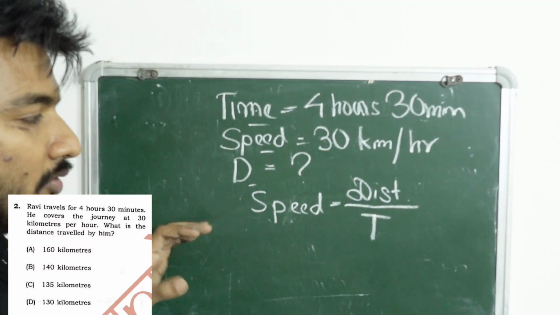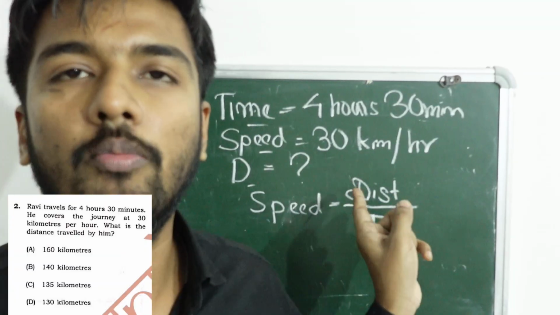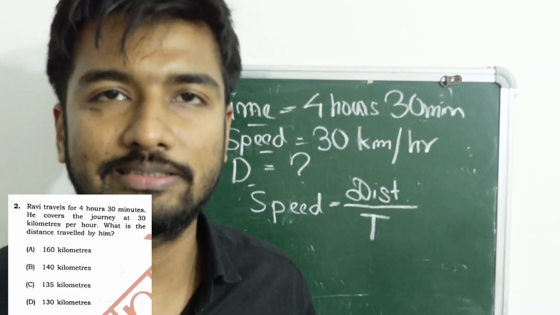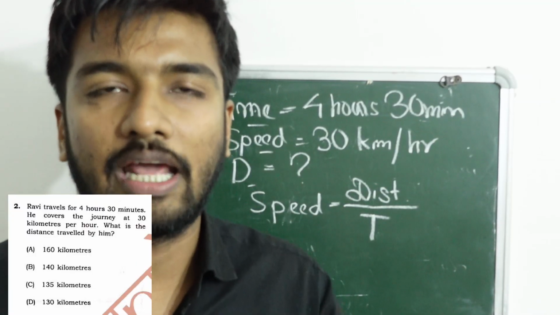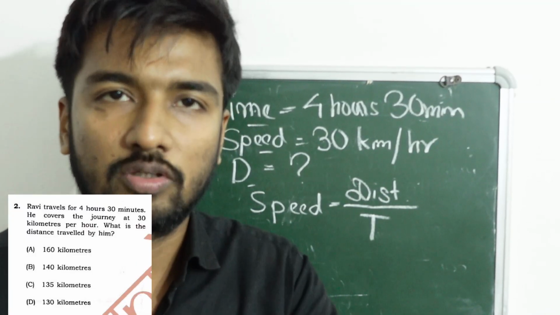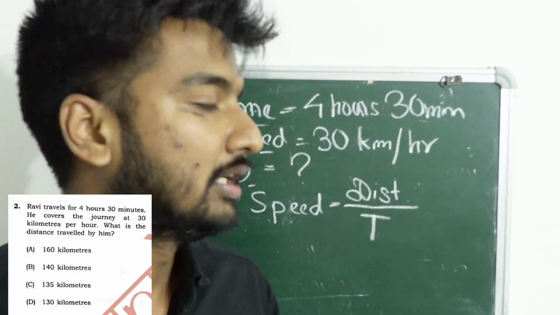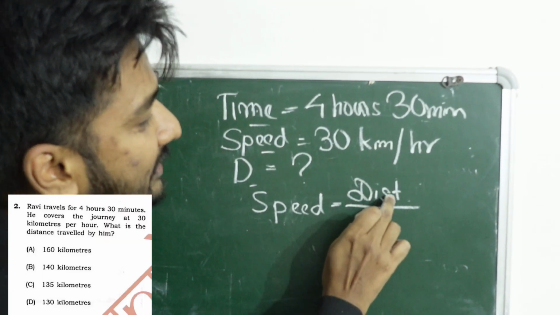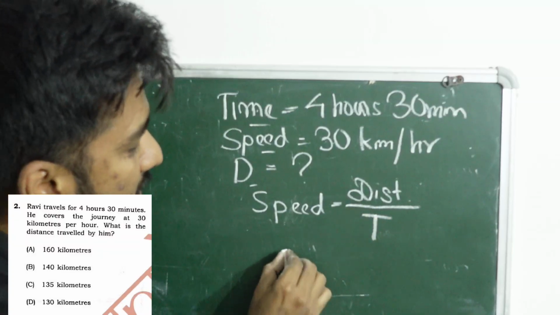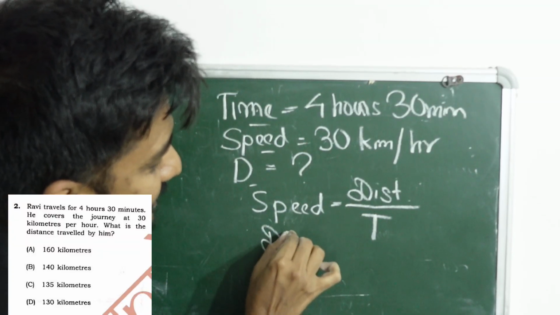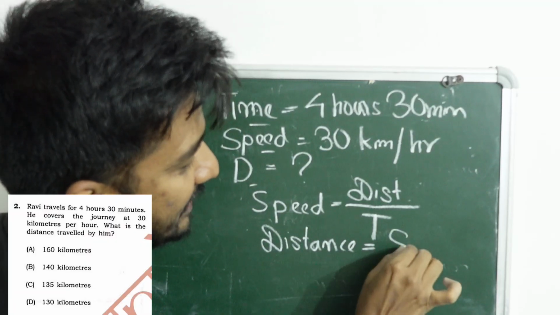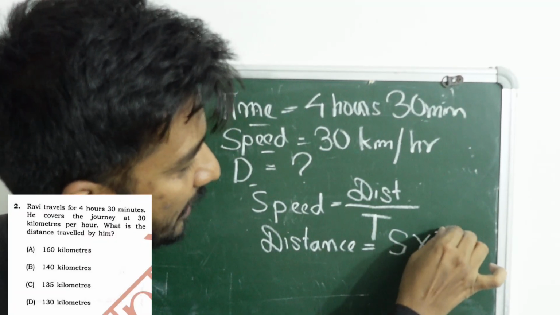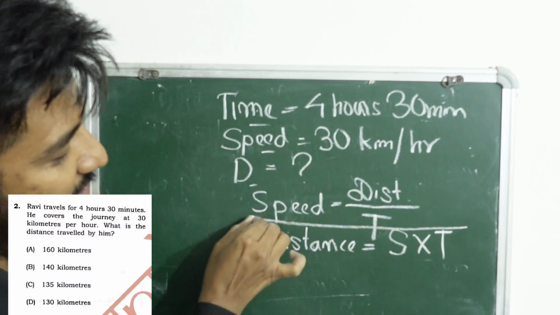First, note that this formula is of class 8 or 9 standard. You don't have to think beyond 10th standard. Everything is inside your 10th standard syllabus only. So speed equals distance by time, and so distance is speed multiplied by time. That is the formula which is required.